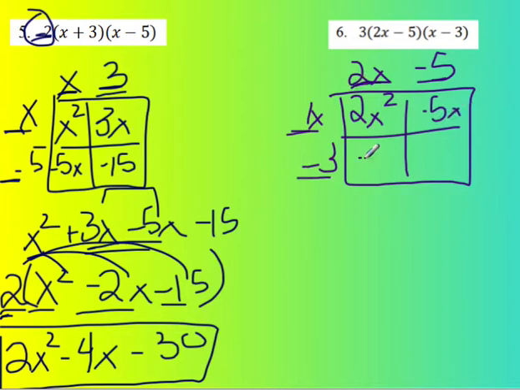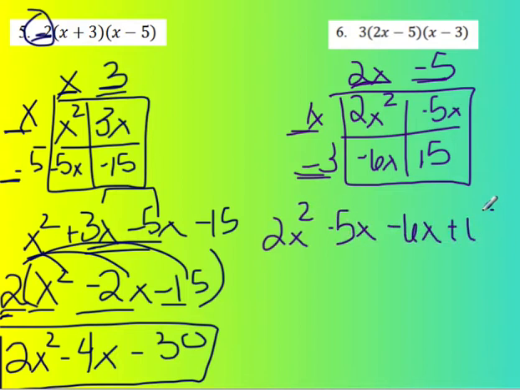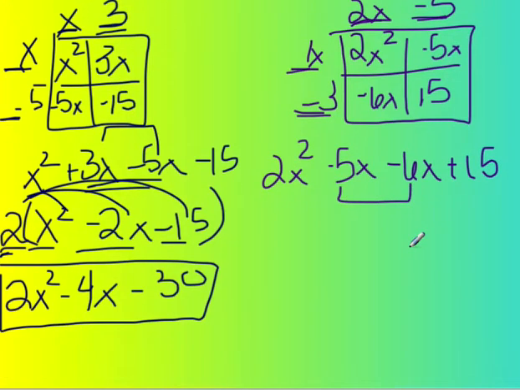Negative 3 times 2x is negative 6x. Negative 3 times negative 5 is 15. So then I have 2x squared minus 5x minus 6x plus 15. Now I need to combine those middle two terms, and I get 2x squared, negative 5x minus 6x is negative 11x, plus 15.